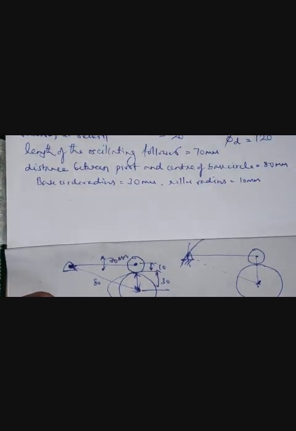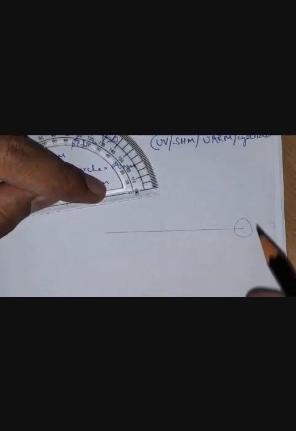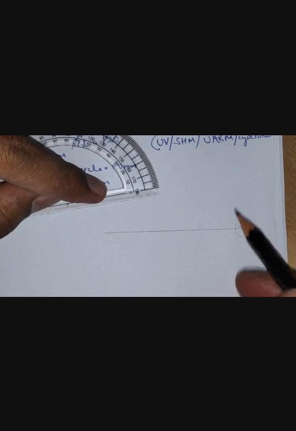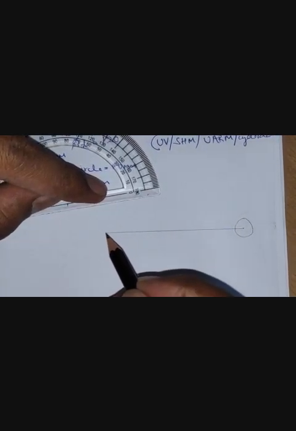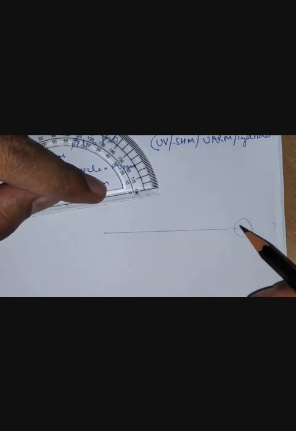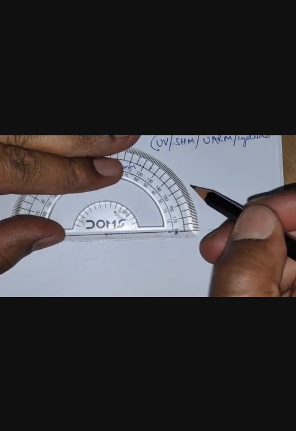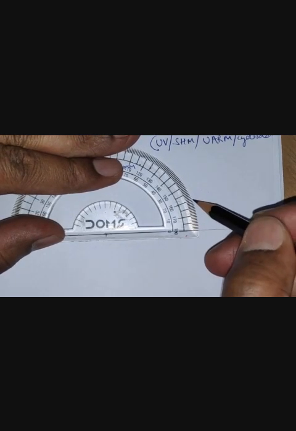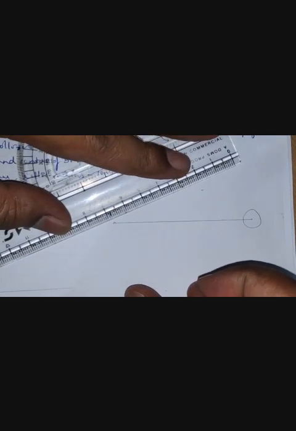Before that, to know the distance through which the roller has to be lifted, we have to first draw a line with the length of the lever, and then we should draw a line at an angle of 20 degree, which is equal to the length of this lever, that is 70.